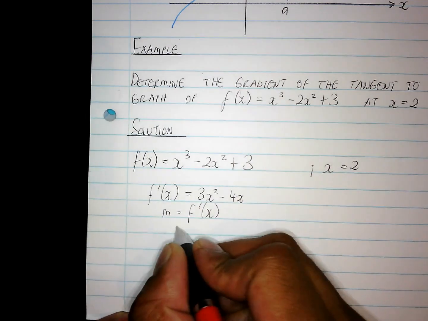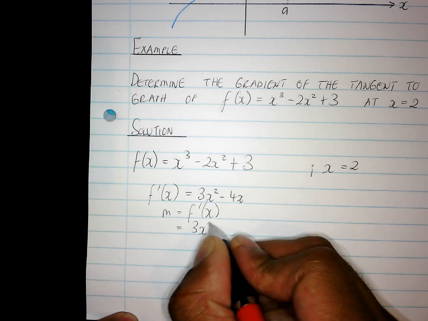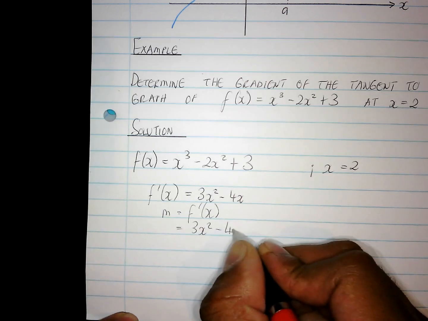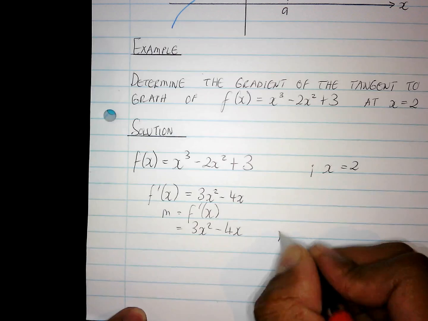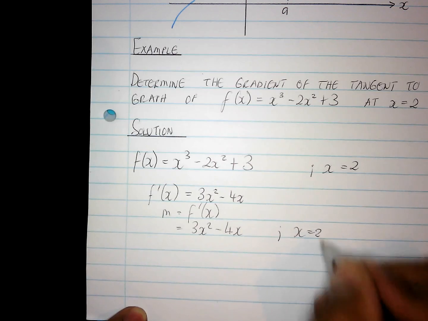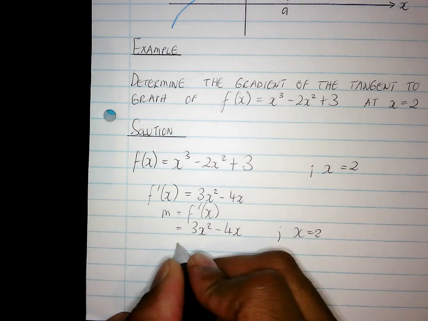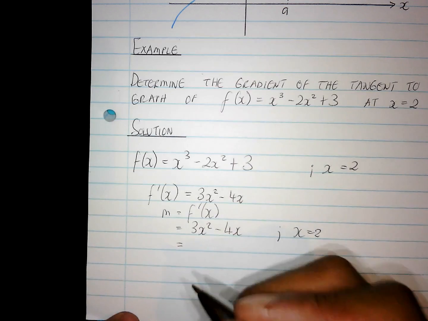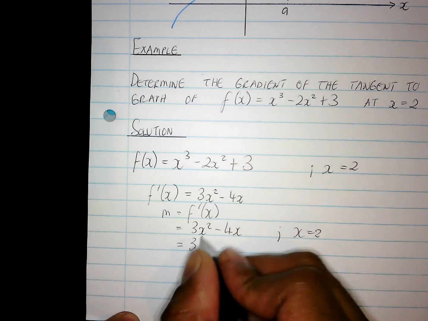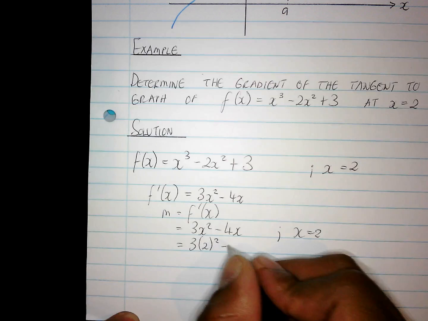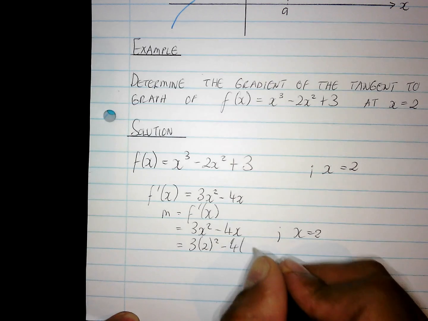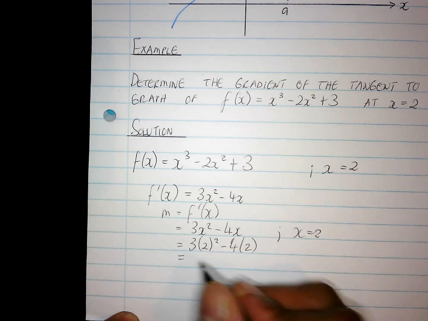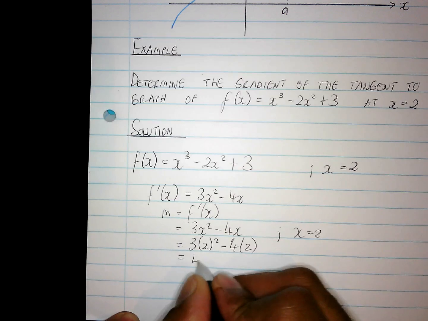We know that m will be equal to what? 3x squared minus 4x. But we know that x is equal to 2. So we have to substitute 2 after finding the derivative of x. So we have 3 times 2 squared minus 4 multiplied by 2. Then our final answer is going to be 4.